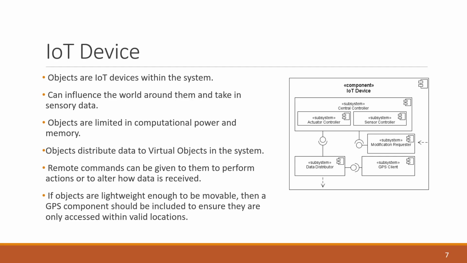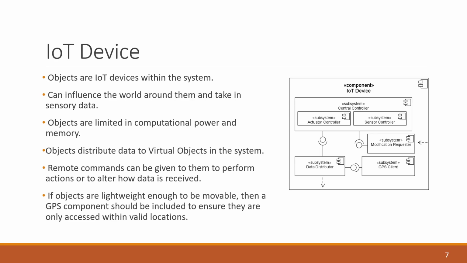People can also command them remotely to try and get them to perform certain actions or alter how they're receiving data. And just an additional consideration we've made here is that if objects are lightweight enough to be movable, then we think there should be GPS functionality just to ensure that these objects aren't misplaced by somebody and accessed during inappropriate times or locations.